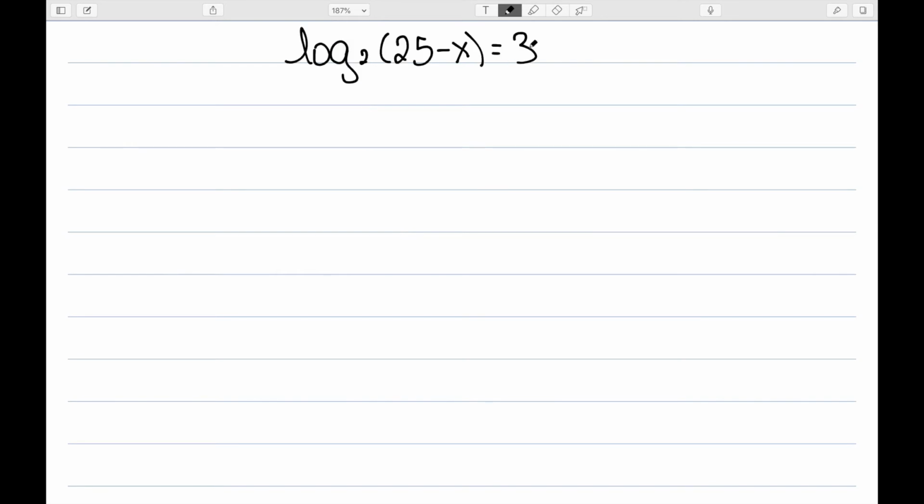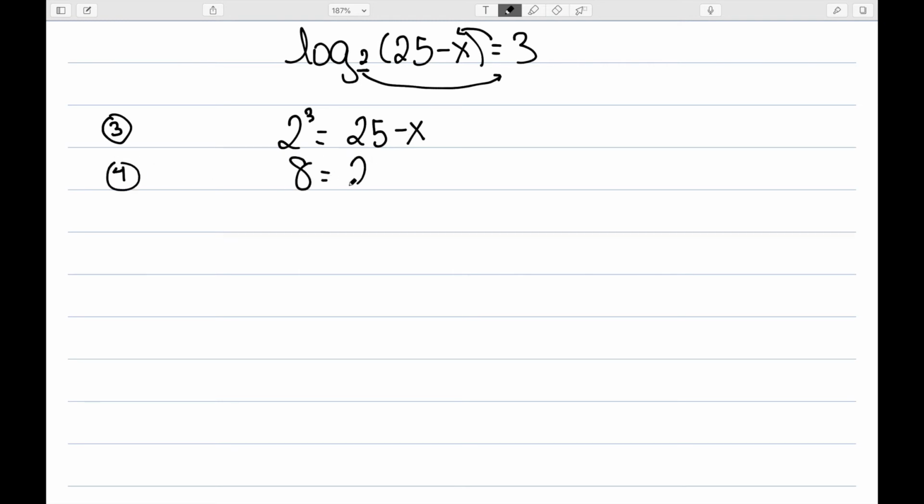Log base 2 of 25 minus x equal to 3. Once again, I already have one logarithm on the side by itself, so I can move to step 3, which says convert. This is 2 to the 3rd power is equal to 25 minus x. We know 2 cubed is 8, equal to 25 minus x, and now we can solve.